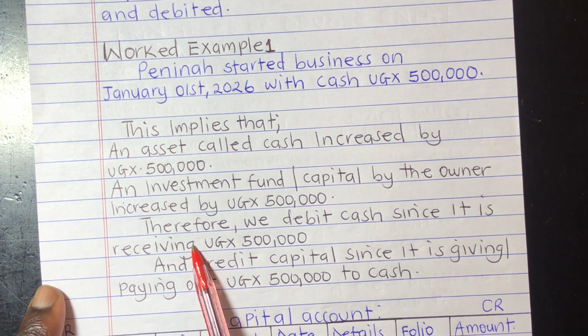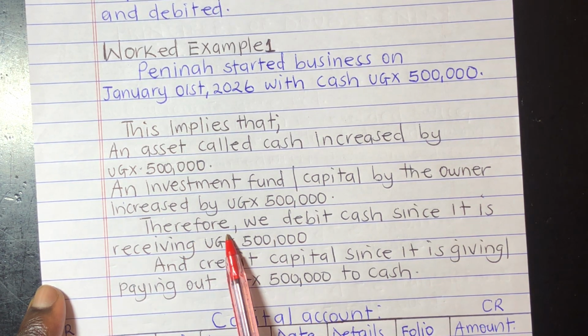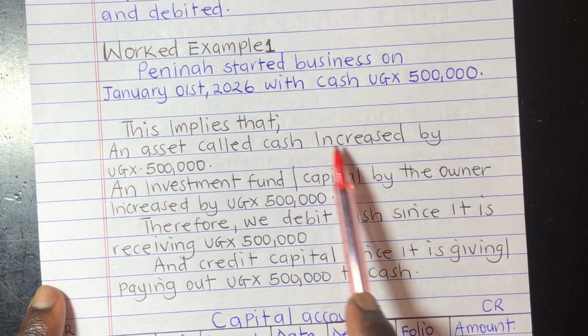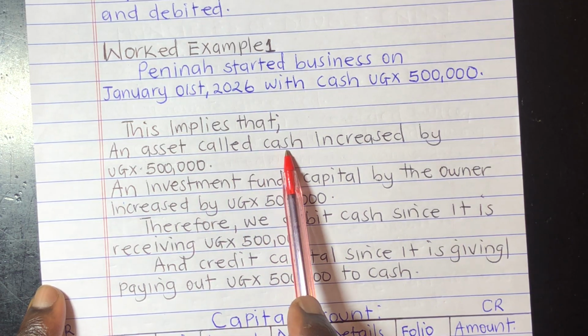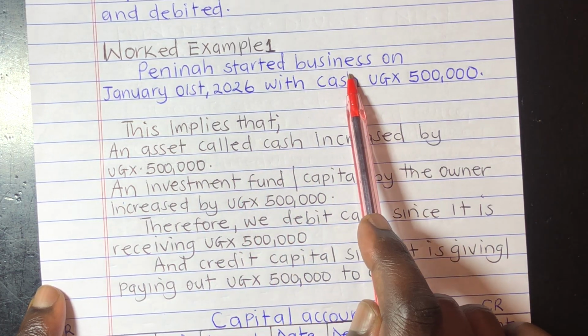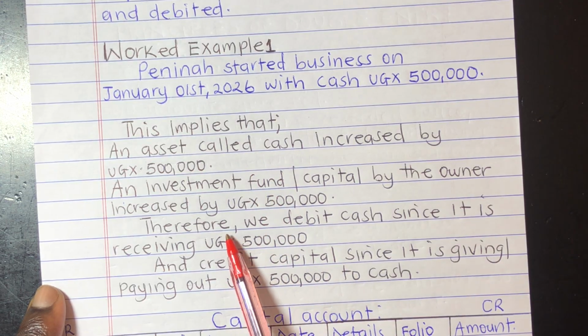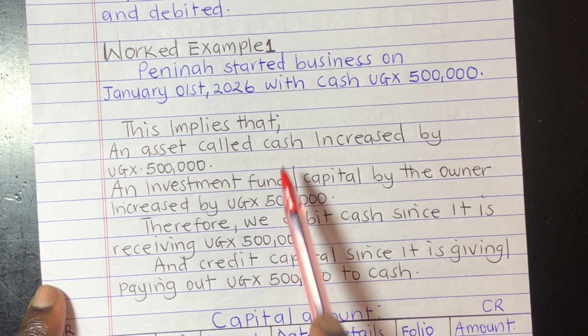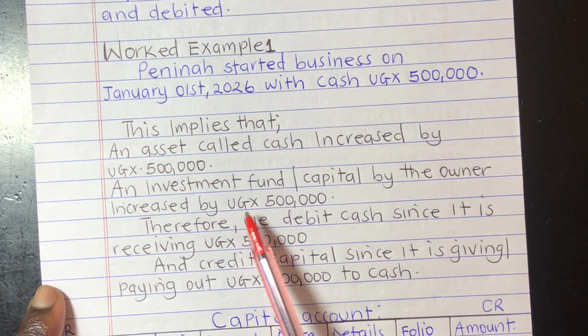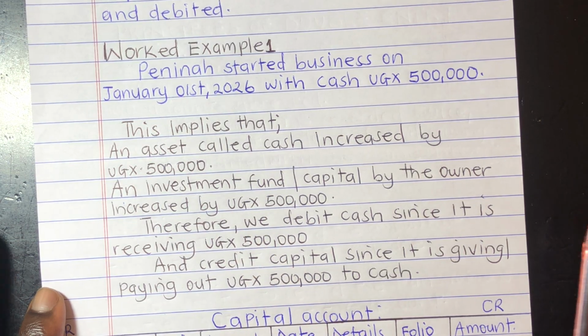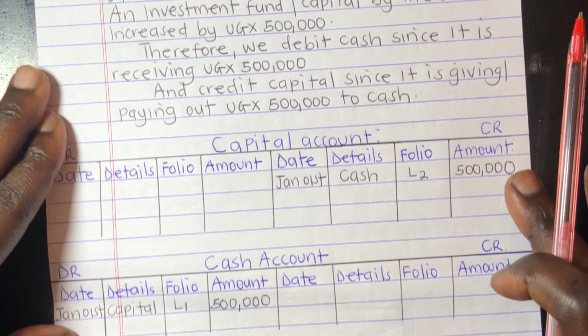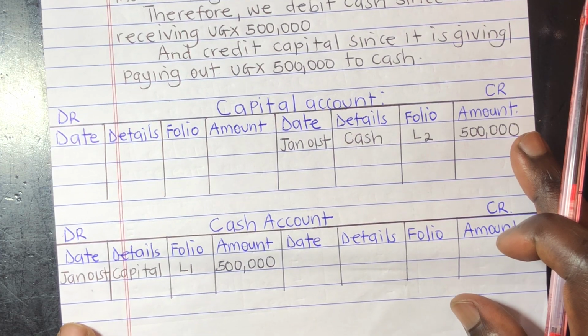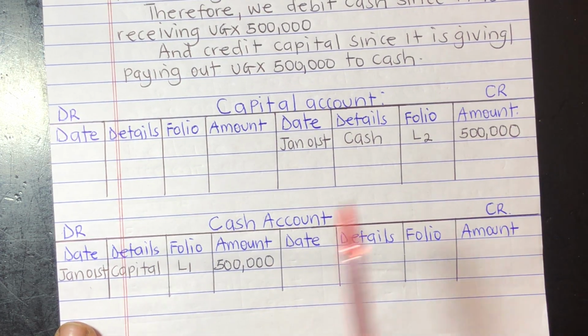Then if capital, which is also equity, increases, we also credit it. So in this regard, we are going to debit cash because it was gaining money from the capital account, and then credit capital, because it was losing money to the cash account. That is it. So this is our illustration, and this is how we come up with this.